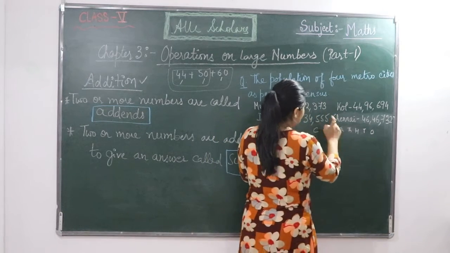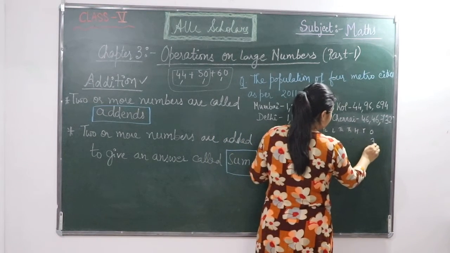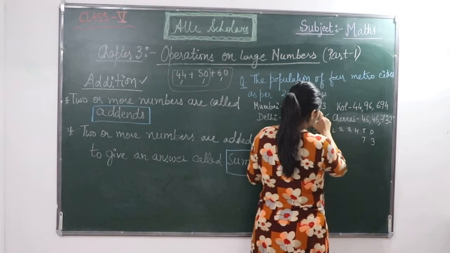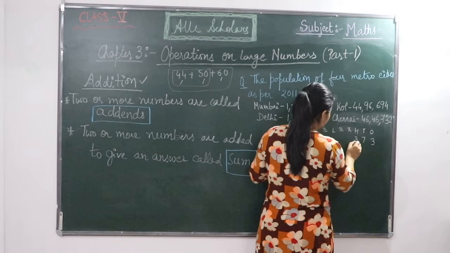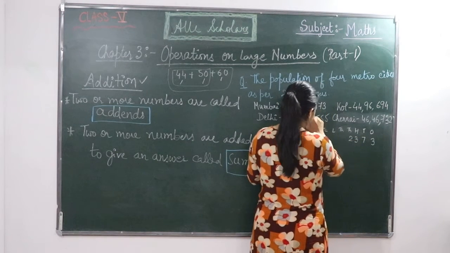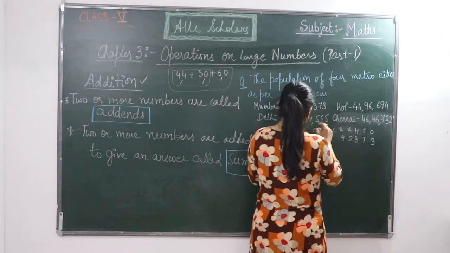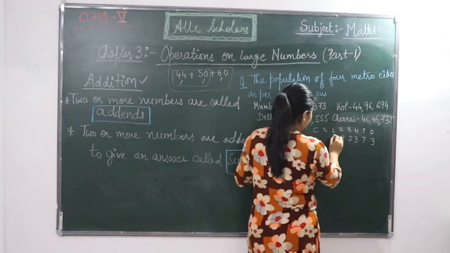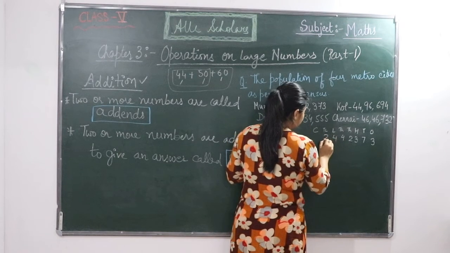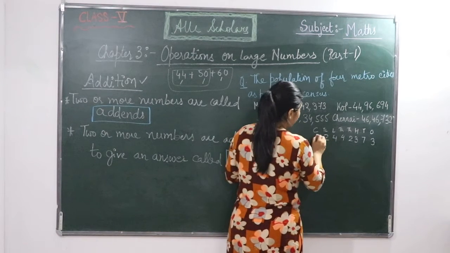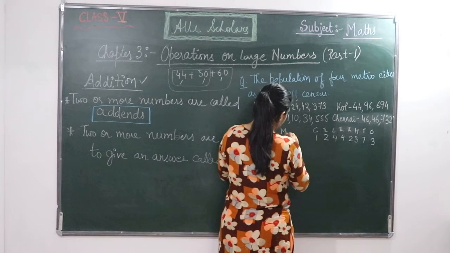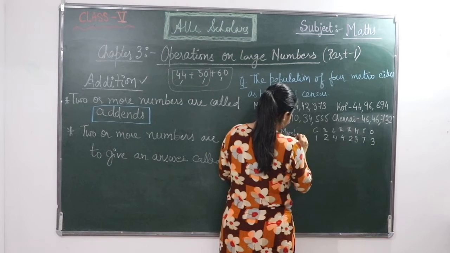So in Mumbai, at ones place is 3, tens 7, then at hundreds again 3, at thousands 2, at ten thousands 4 is there, again at lakh 4 is there, ten lakh is 2, and for crore 1 is there. So this is for Mumbai. This is an addend.